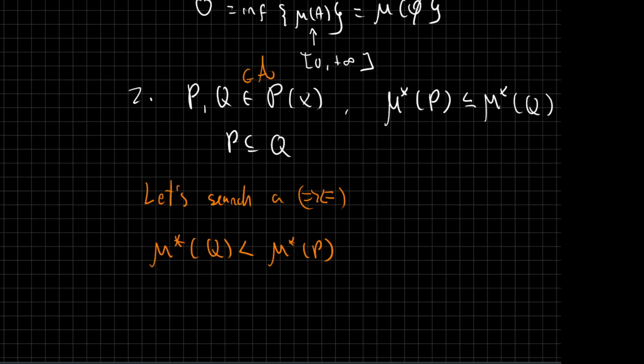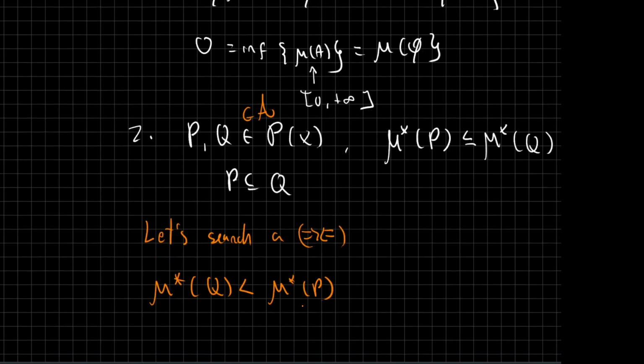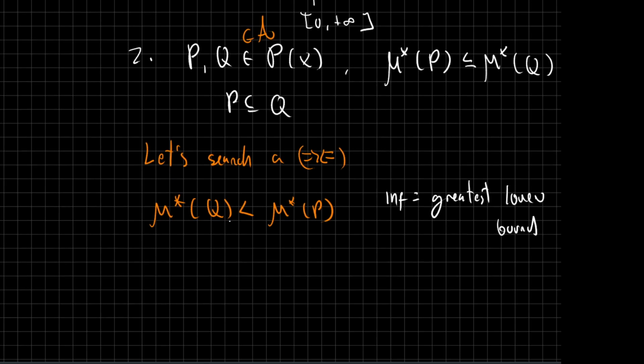Because they are both infimums, there is something that you always need to remember: the infimum is the greatest lower bound. So if you have anything that is superior to this lower bound, then this won't be a lower bound. So this is not a lower bound.